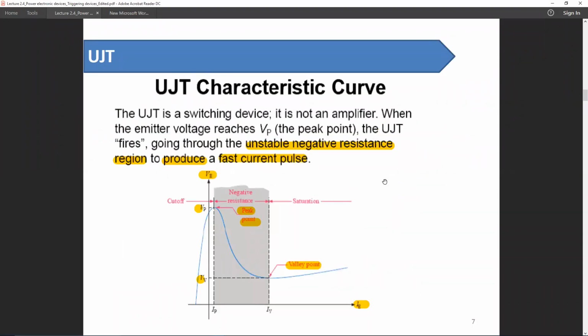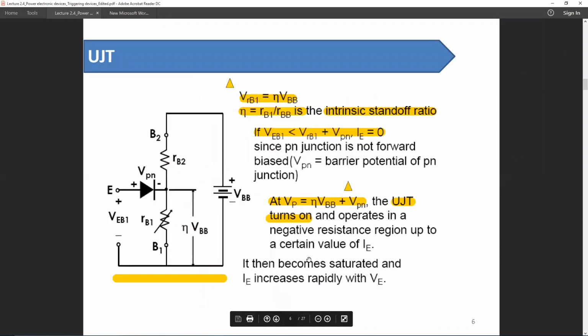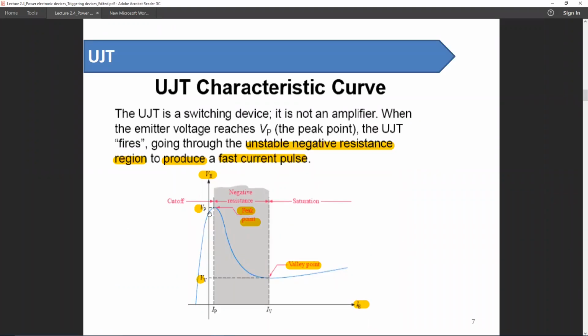So this UJT can produce a fast current pulse, and as this internal resistance decreases with the current flow, we will get a negative resistance region in this active region of the UJT characteristic curve.